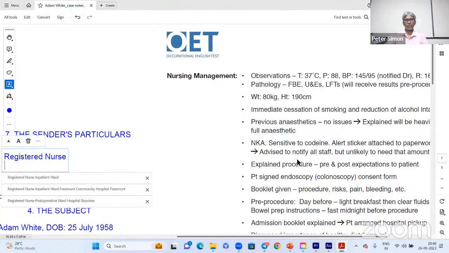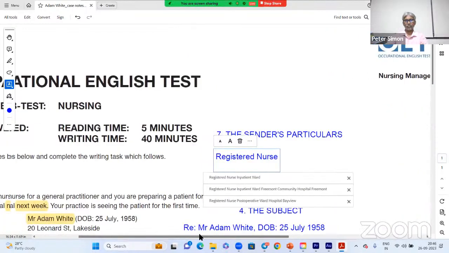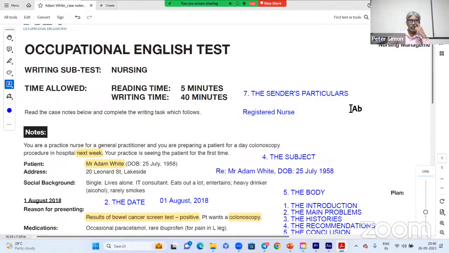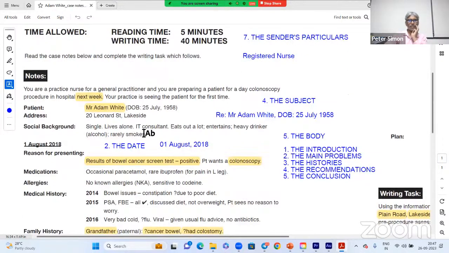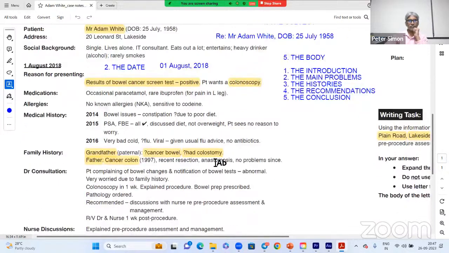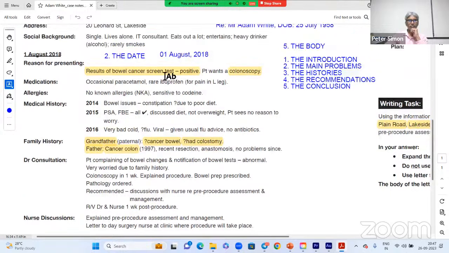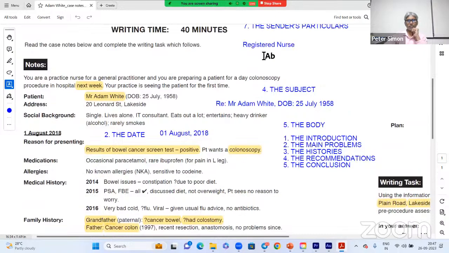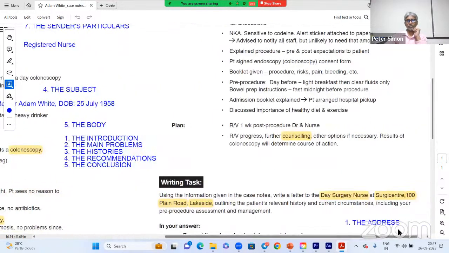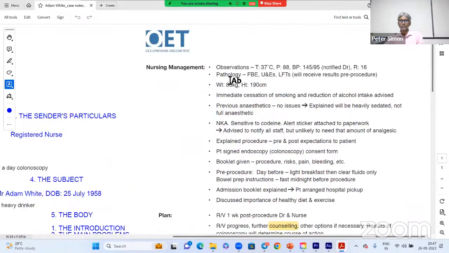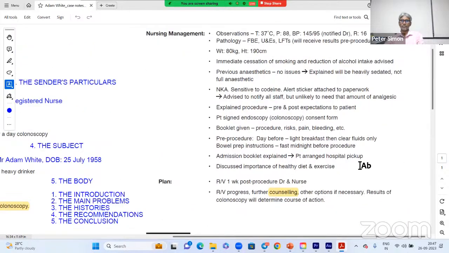You are a registered nurse for the general practitioner preparing a patient for a procedure in hospital next week. Is there any information given regarding the hospital? Nothing is given here. So just write registered nurse and leave it.